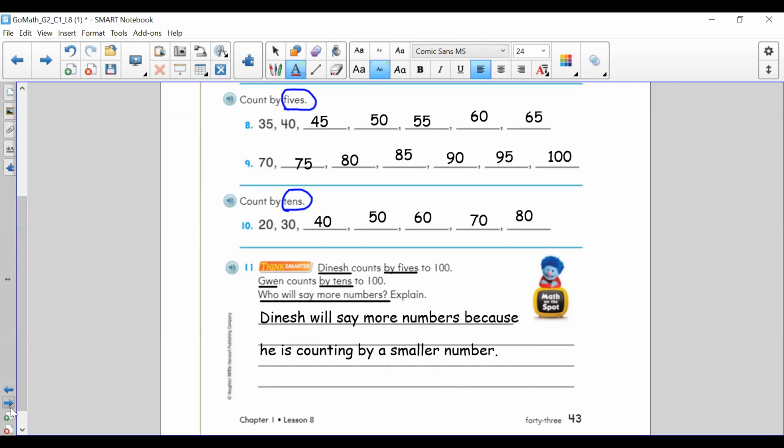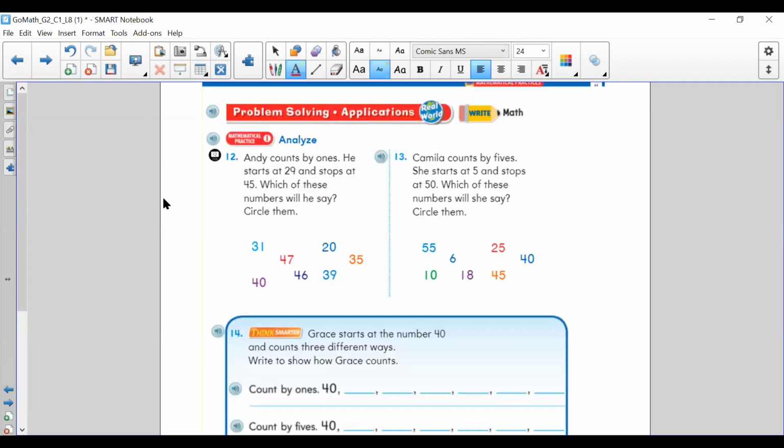Okay, so let's go on to our next page. Our last page, problem solving and applications. Analyze. Andy counts by ones. He starts at 29 and stops at 45. Which of these numbers will he say?